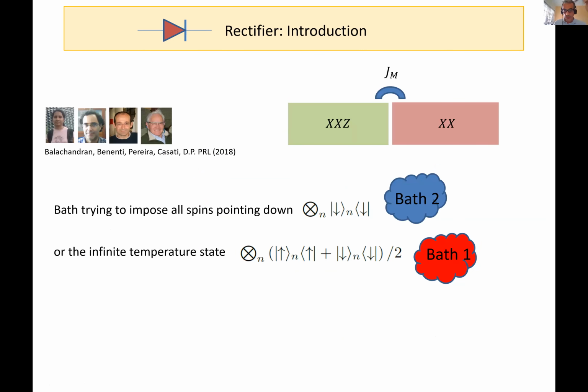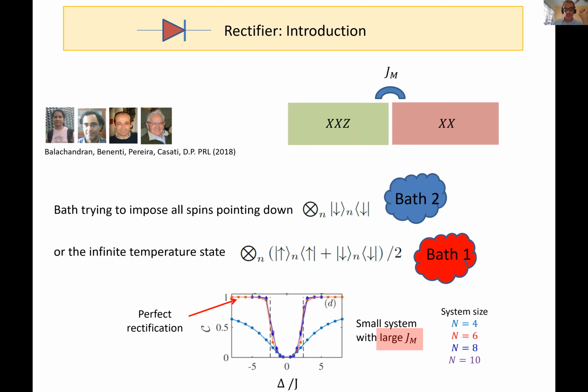Once we did so, we looked at the system, first at small chains, and already for 8 or 10 spins, if the anisotropy or interaction is large enough, we have a very strong contrast, basically perfect rectification.